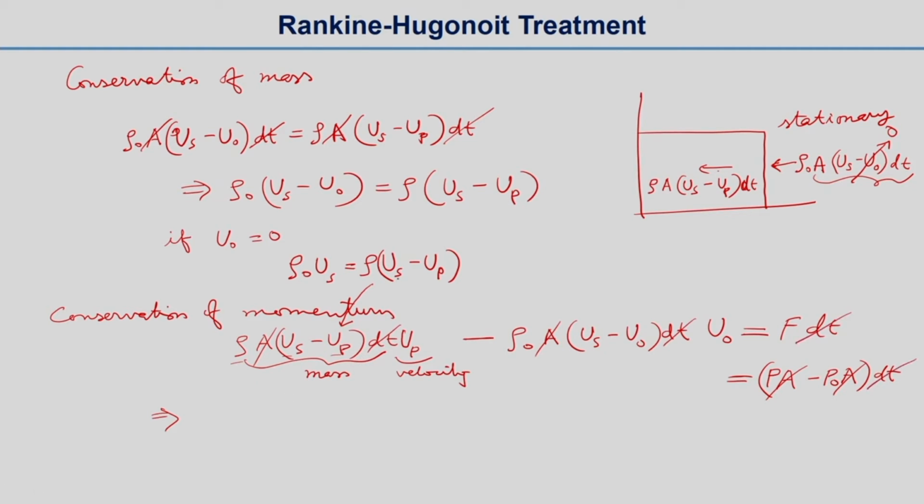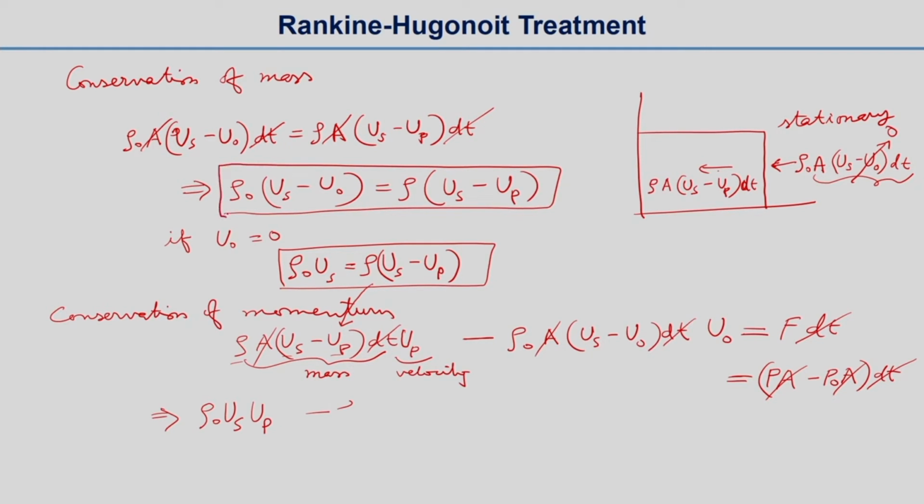Then we use the mass conservation relation, rho US minus UP equal to rho naught US minus U naught.